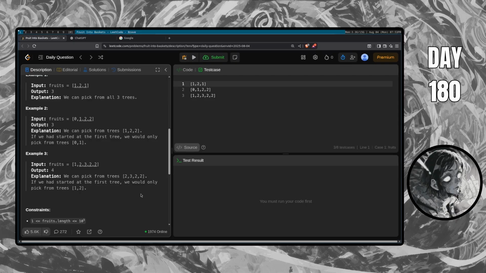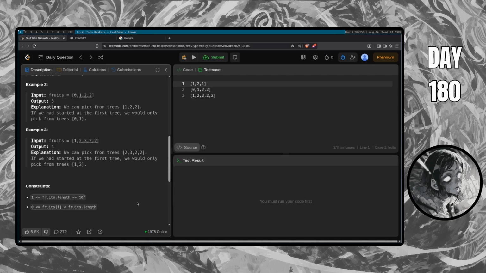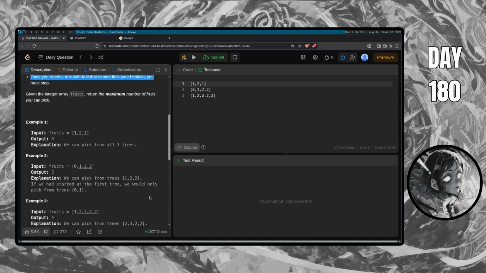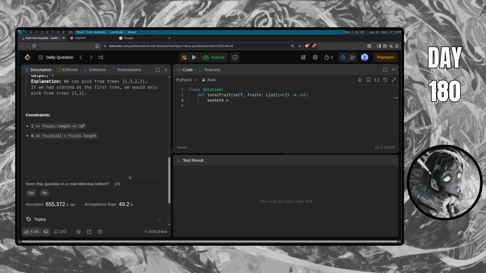I think it's possible to do this in O(n). The problem is, we're going to have two baskets. The numbers are always going to be positive integers.